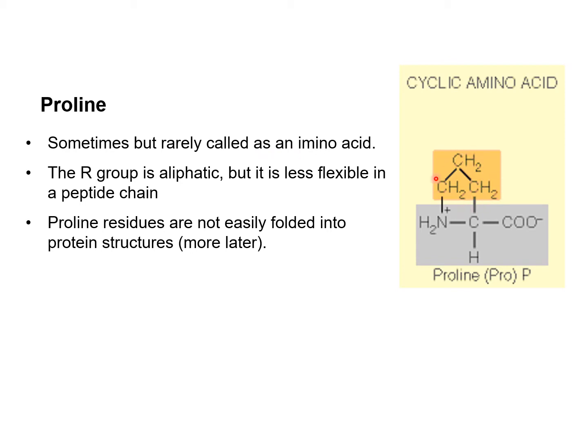And the R group is aliphatic, but it's less flexible in a peptide chain, as you can imagine, because it's linked to both the alpha carbon as well as the amino group too. And proline residues are not easily folded into protein structures, so its property is actually used in some other folding mechanisms for protein structures, which we're going to discuss later on.